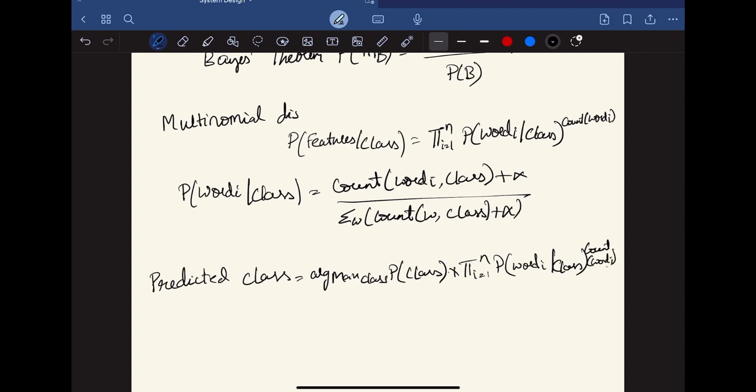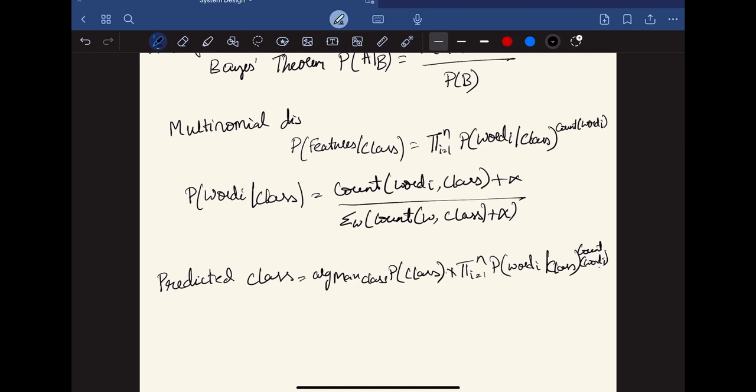And using this, we predict a new document and classify it into a depressed post or a not depressed post.